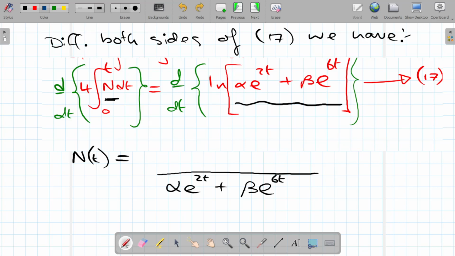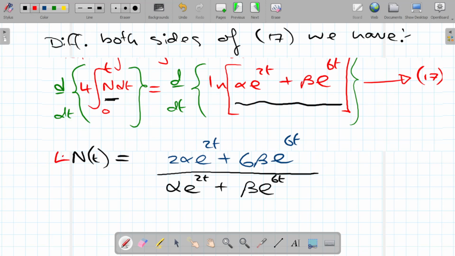When we differentiate the first term here, we get 2 alpha e to the 2t, plus, and then the beta e to the 6t differentiates to give 6 beta e to the 6t. Now we can simplify this a bit more. Oh, by the way, I've made a slight error.